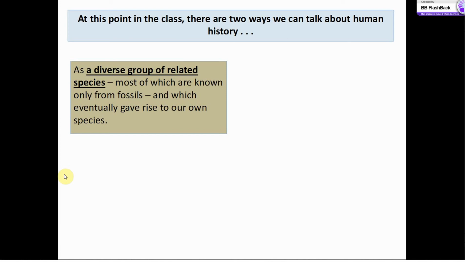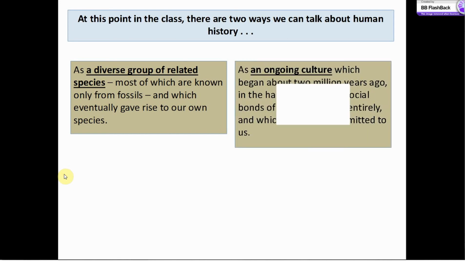We're looking at a group of organisms, and we're looking at the changes that that family underwent through time. We can also talk about human history at this point as an ongoing culture. And I say here that it began about 2 million years ago, but it really would have begun way back with our ape ancestors.